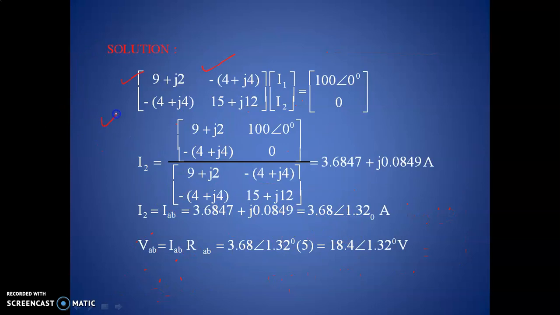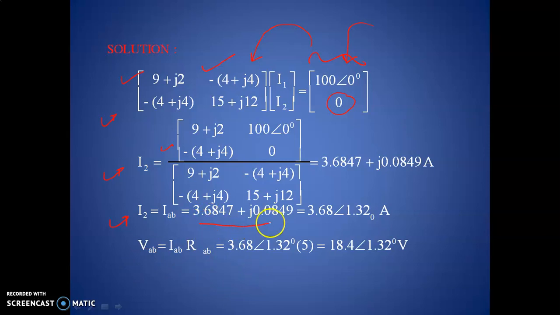Now solve this by the matrix method, that is I2 is given by, put the value of voltage 2. This is replaced by this one, put this into this one and calculate. I2 is equal to 9 plus j2, 100 angle 0 degree, and calculating using a calculator, we have VAB equal to IAB times RAB.